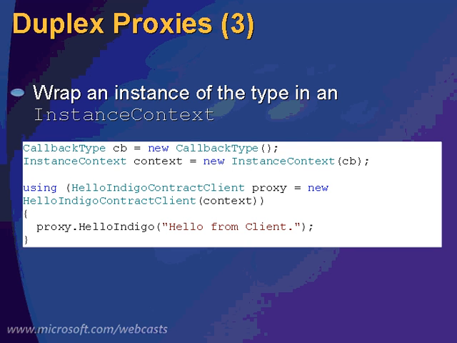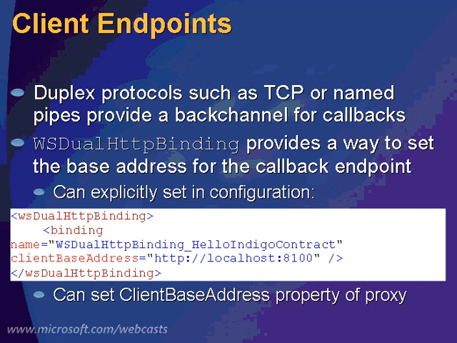Same idea, right? TCP or named pipes have a back channel to receive the callback, whereas dual HTTP binding has to provide an actual explicit endpoint with a port. You can actually customize what that port is by setting the ClientBaseAddress property.